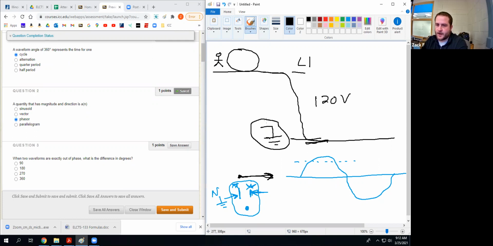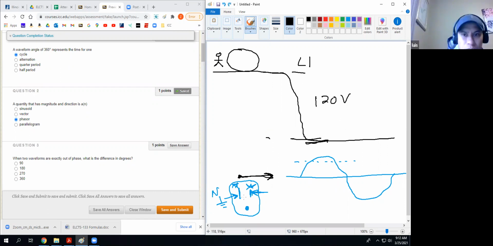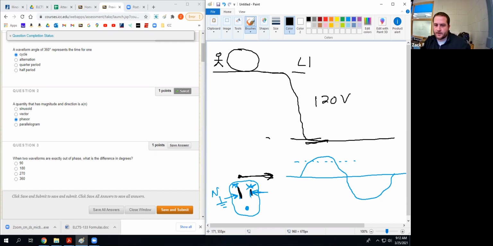This is the symbol for ground, by the way. So at your outlet, the longer slot is always the neutral, or it should be. That is always referenced to ground, and then this is your hot. That's your sine wave. So if you're reading that sine wave on your meter, you're reading the potential of this sine wave to produce energy with a reference to ground.